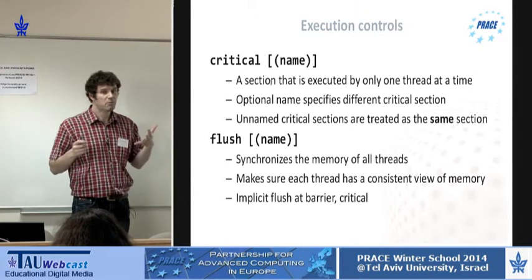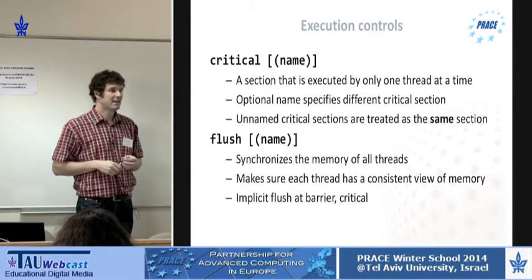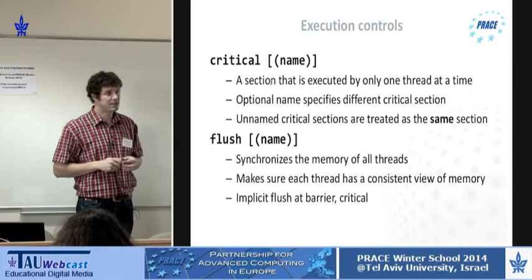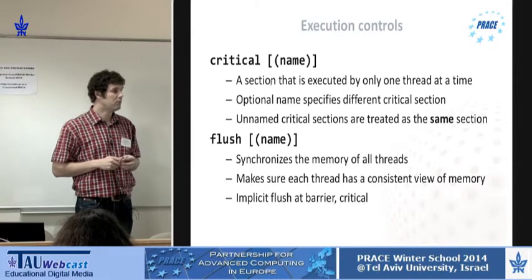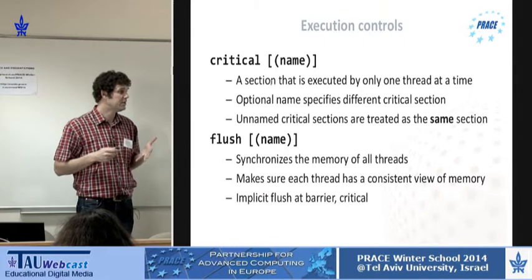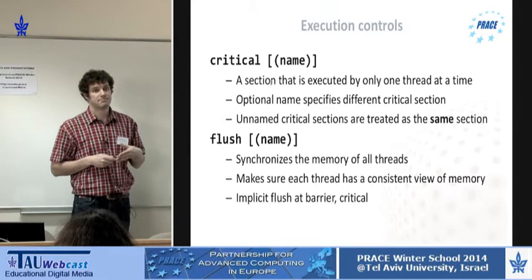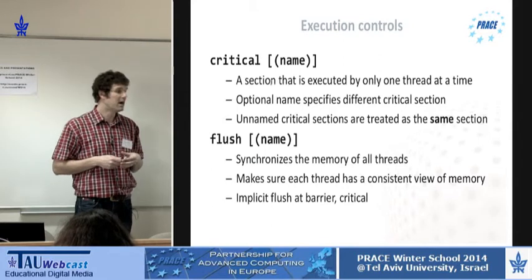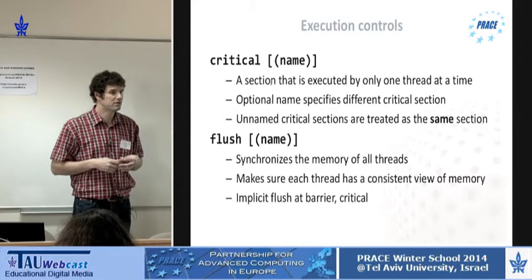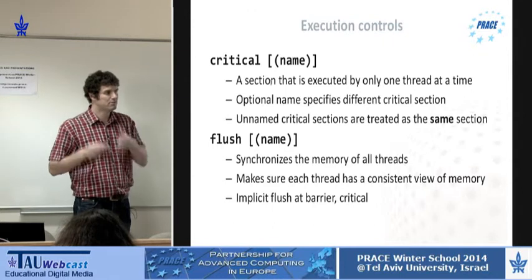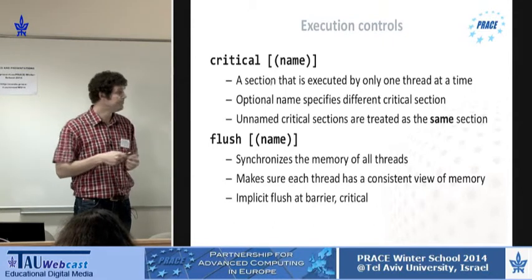Especially with modern processors, they have lots of different levels of caches. So in many cases, it might be that one thread works with variables in a cache, and another thread might be working with the same variable, but which is still in the main memory.